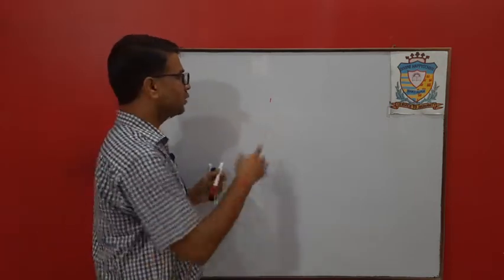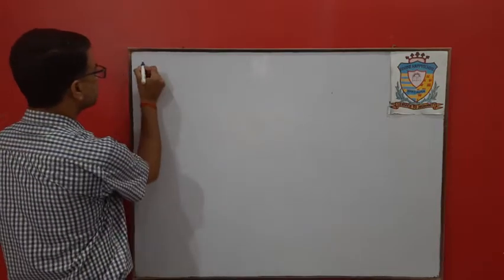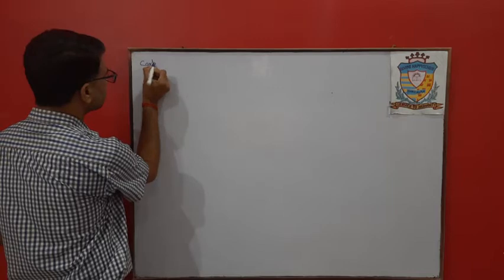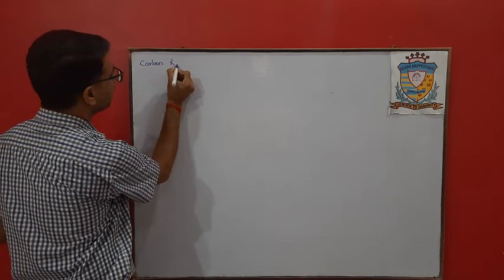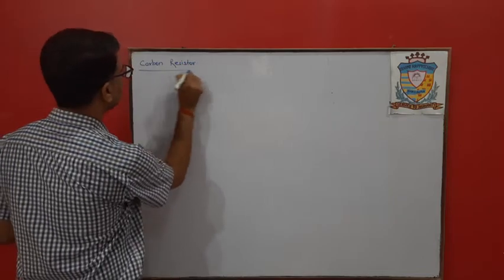So first we will start with its definition, that is, carbon resistor.